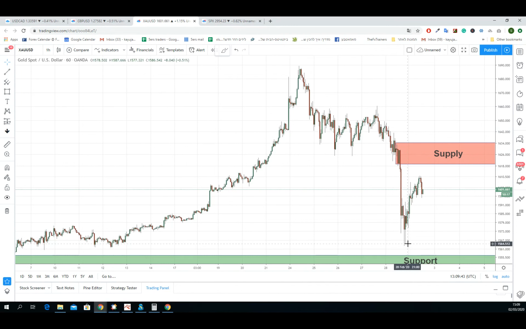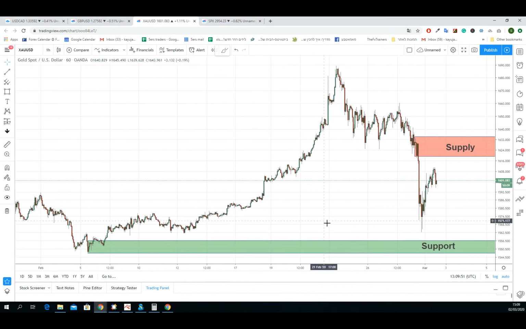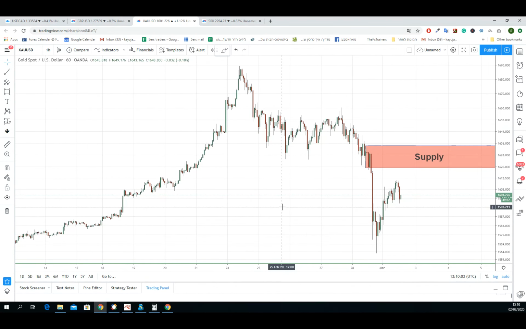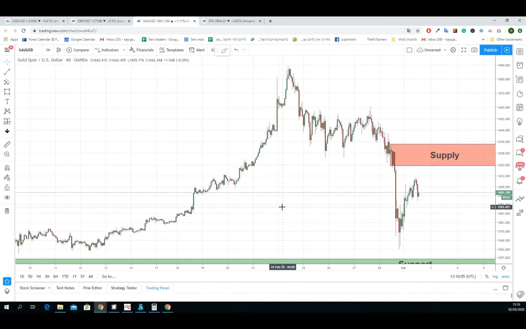So my assumption is that if the price already reached this low, most likely the price will reach this support here at the bottom, at least this support, and any movement up is just to take a rest in order to continue the downtrend.